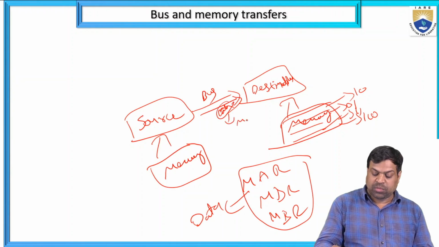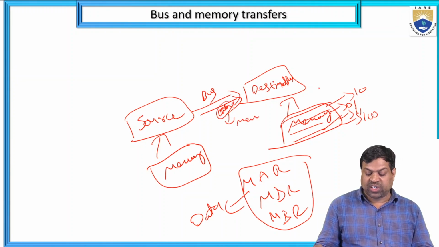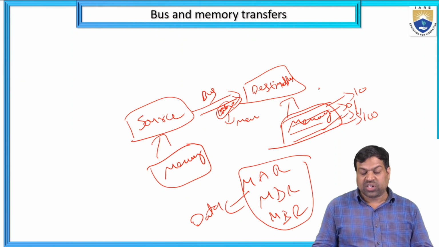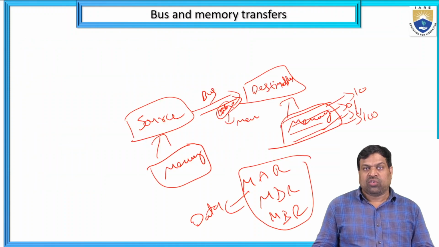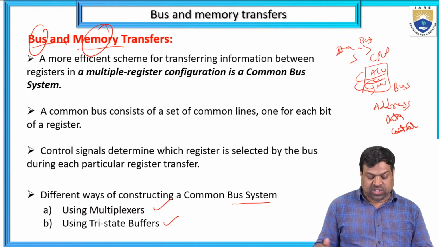Data is nothing but a memory. So the bus is transferring the data from source to destination, in MB or KB, or in bits like 8 bit, 16 bit. So in that, the common bus system uses a multiplexer. Okay, already we discussed there are two types, using multiplexer and using tri-state buffer.